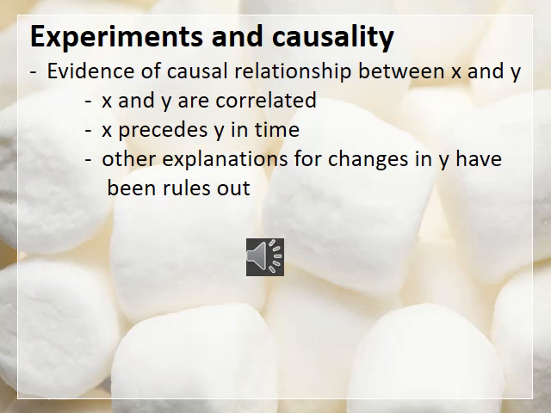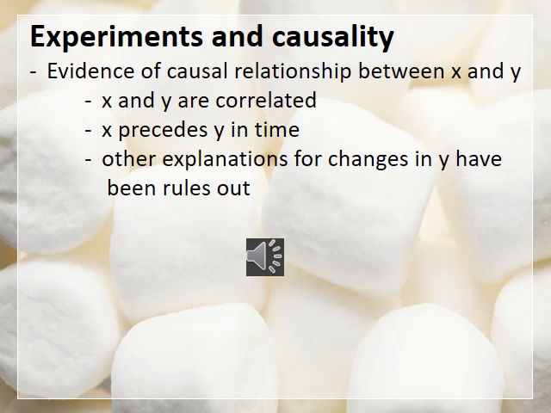Also, I have to be able to eliminate possible lurking variables that would affect y, my response variable, to be able to say that x will cause y. Example, if my explanatory variable here is the number of hours spent in a day on social media.